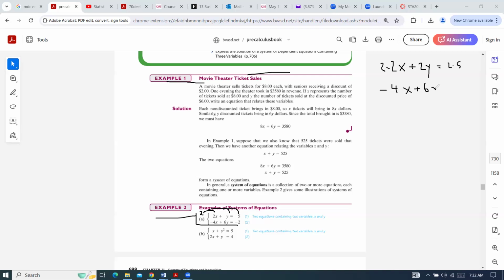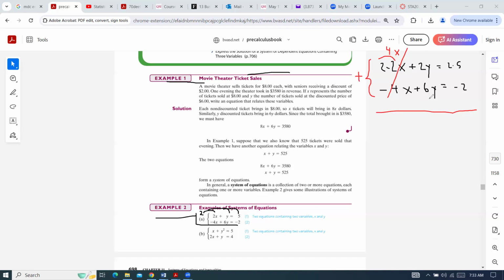And if you multiply 2 by 2, you're going to end up with 4x here. So together with negative 4x, they will cancel each other because plus 4x and minus 4x make x terms disappear.